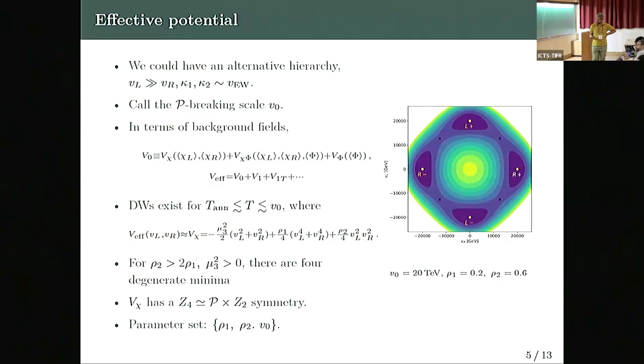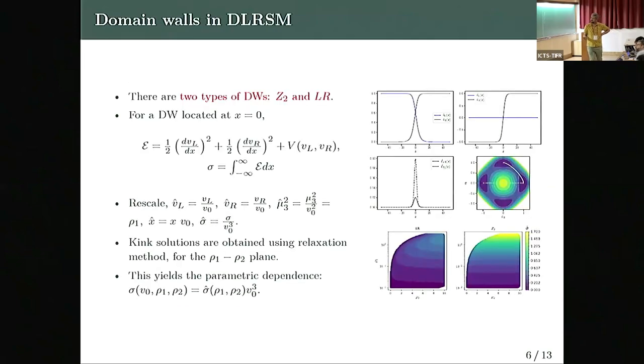Okay, so basically there are two types of domain walls in this model, because there are adjacent minima and non-adjacent minima, and both, as we can see, have different distances in field space and follow two different equations.